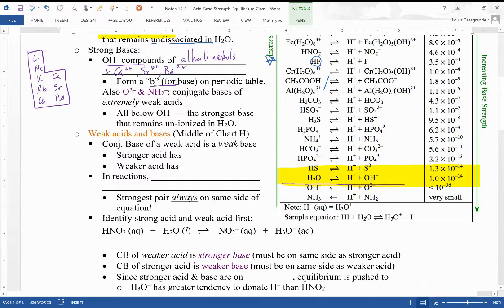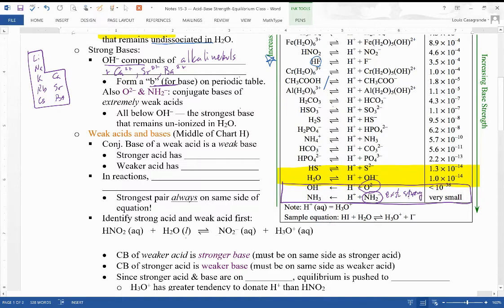These two guys down here on the right side are the bases, O2 minus, which has a 2 negative charge on the oxide, and this guy, NH2 with a negative charge. These guys are extremely strong bases.